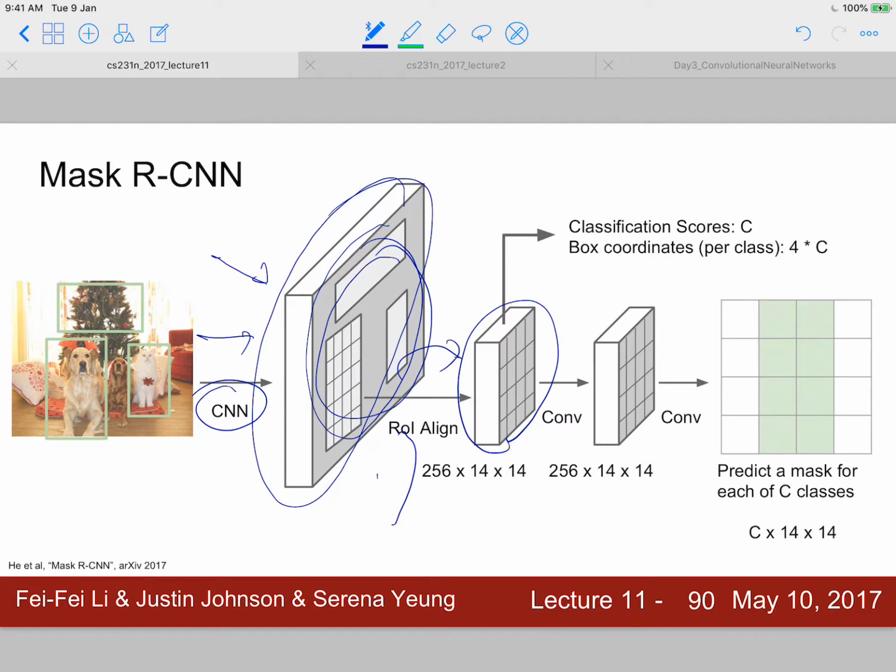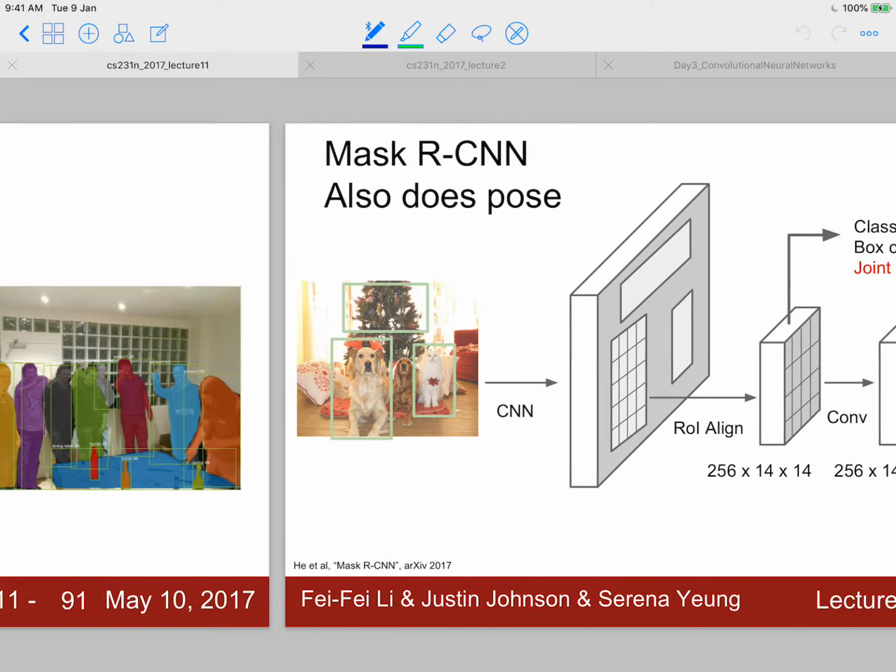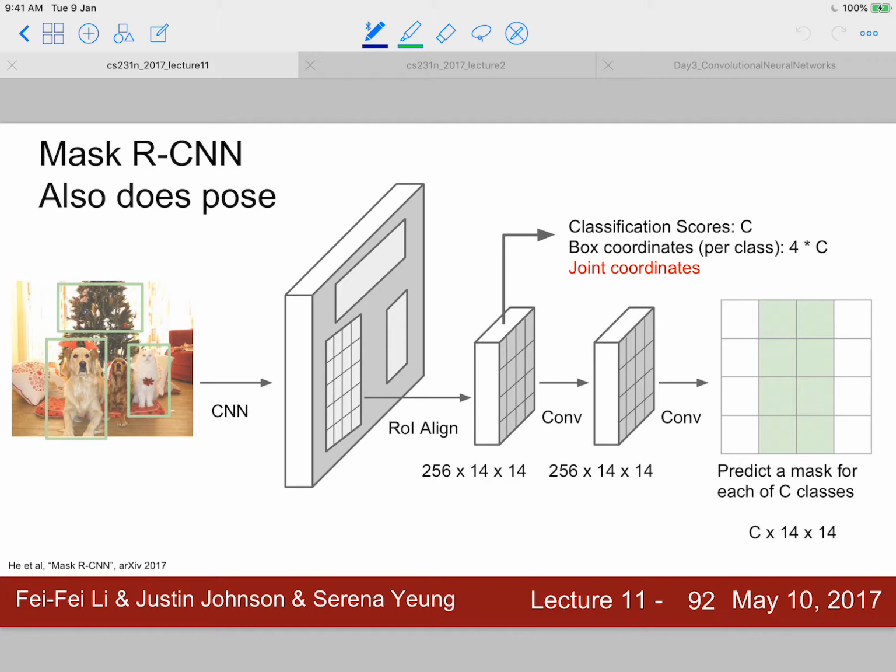So it basically follows the faster RCNN framework. But it's a kind of multitask learning. So given the bounding box, we perform pixel-wise segmentation or classification, I mean, whether each pixel belongs to the given class or not.